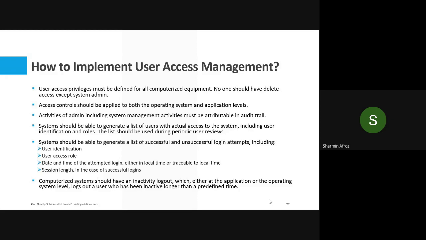I'm asking a question. Who has the delete access in your organization? Can you write it in your chat box? Okay.